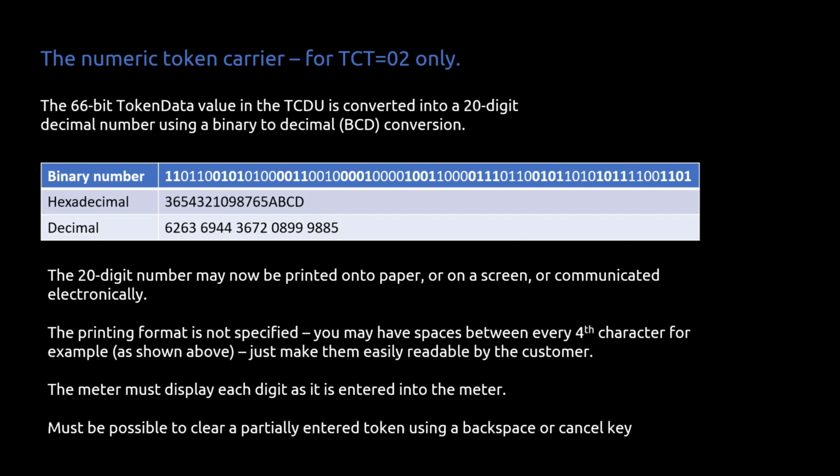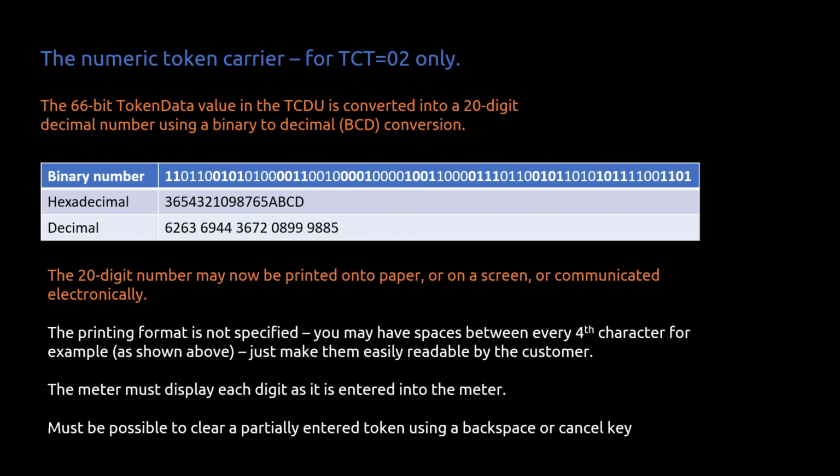On the numeric token carrier, TCT02, you have the 66-bit token data, which is converted into a 20-digit decimal number using a binary to decimal or BCD conversion. You can see an example there of the binary number in blue and its equivalent hexadecimal value and its equivalent decimal value.